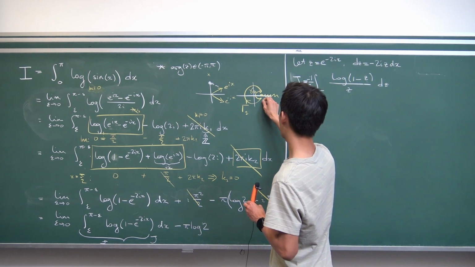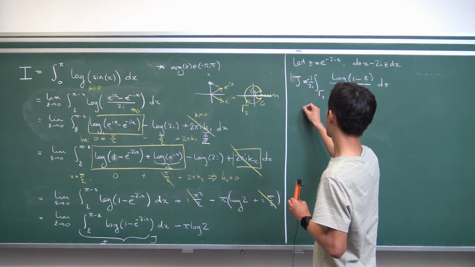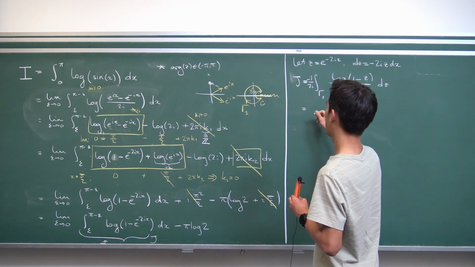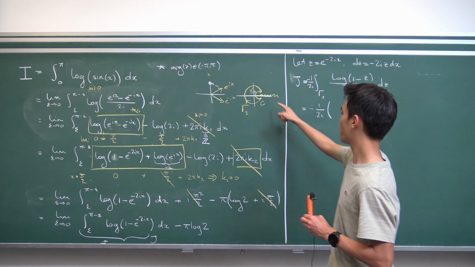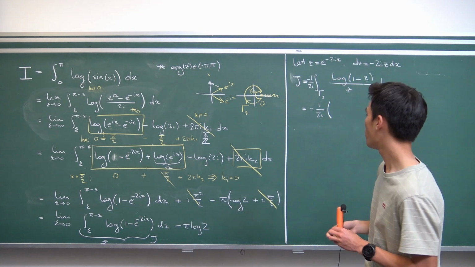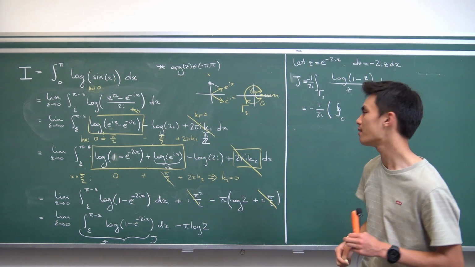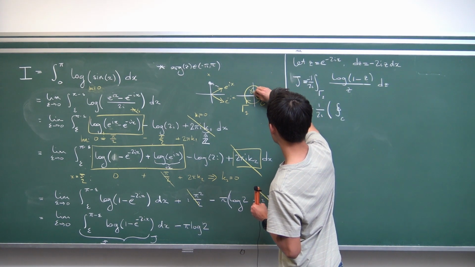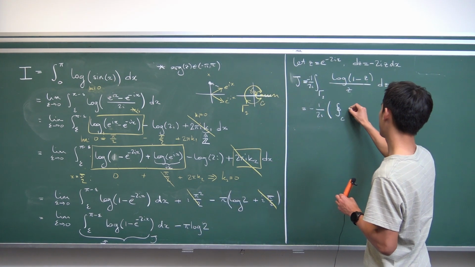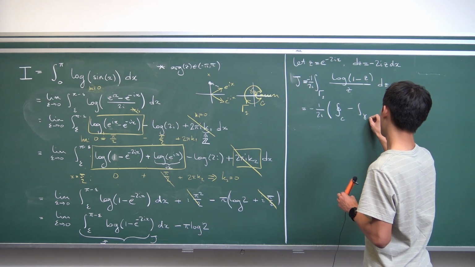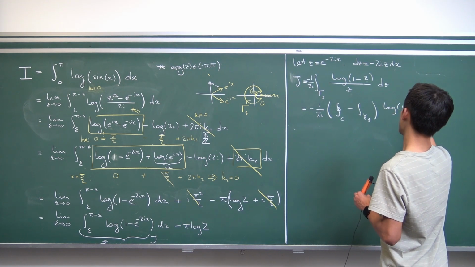Okay, and we'll call the whole contour C. So this integral that we want to evaluate is precisely equal to minus 1 over 2i times the integral over big gamma epsilon, which is going to be the contour integral over C, and then we subtract off the integral over little gamma epsilon, which we can make go around that way. So we subtract off the integral over little gamma epsilon of the same function, the logarithm of 1 minus z over z dz.